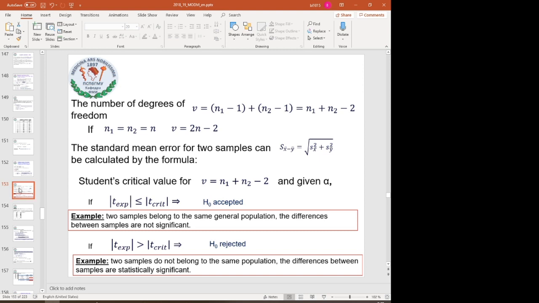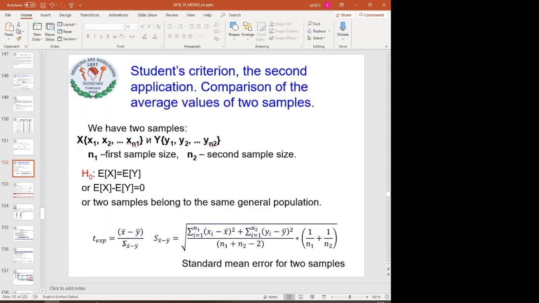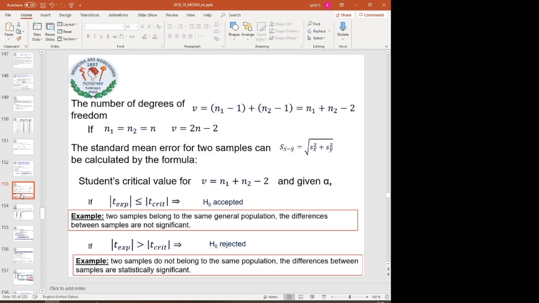And as usual, if we have a big, high difference and a small denominator, small variance in the first and in the second sample, then we have a big experimental value that can be greater than the critical one, and in this case we can reject the zero hypothesis and say that our samples are different.